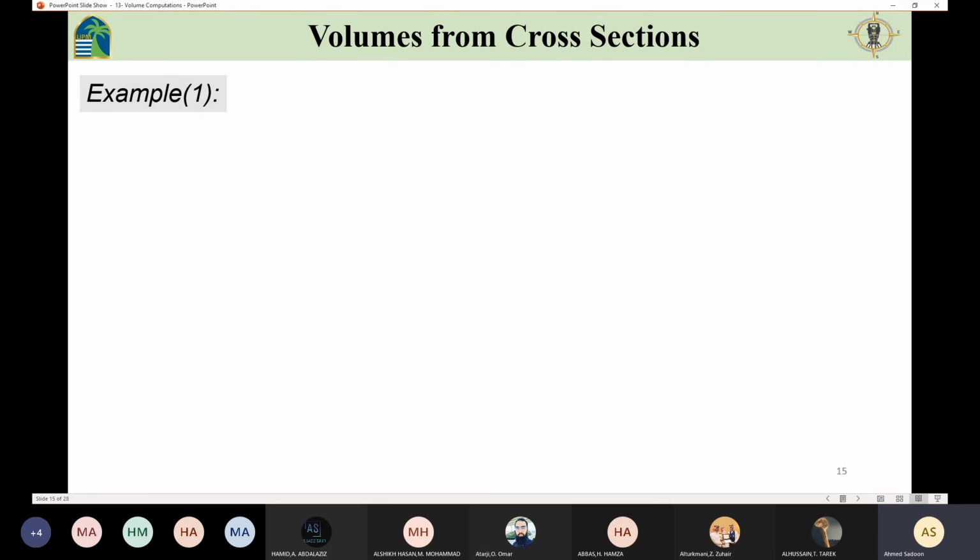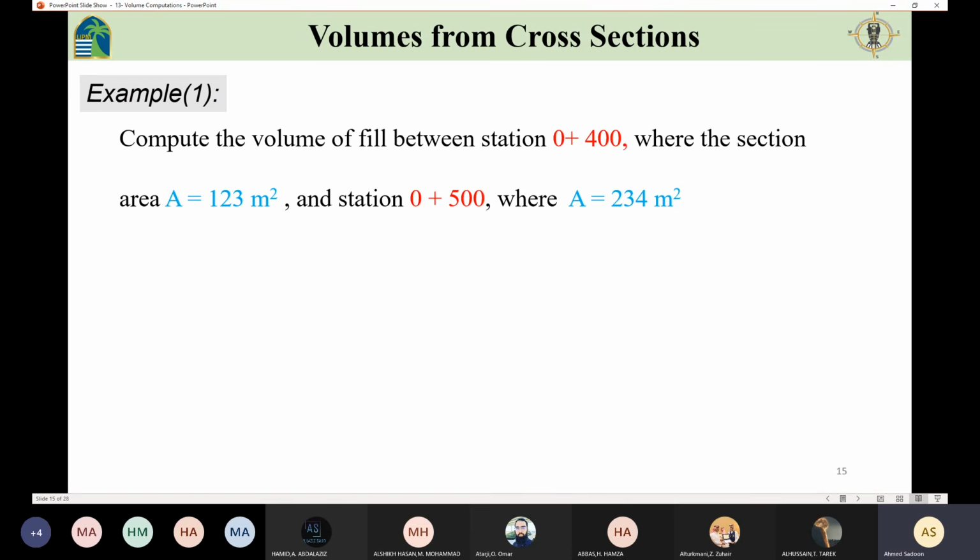Let's see an example about determining the volume using the end areas method. In this example, it says to compute the volume of fill between station 0 plus 400, where the section area equals 123 meters squared, and the other station, which is 0 plus 500, where the area at that station is 234 meters squared.